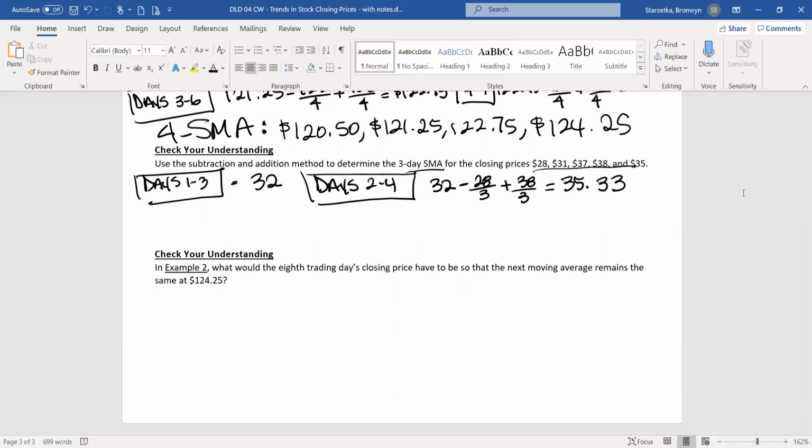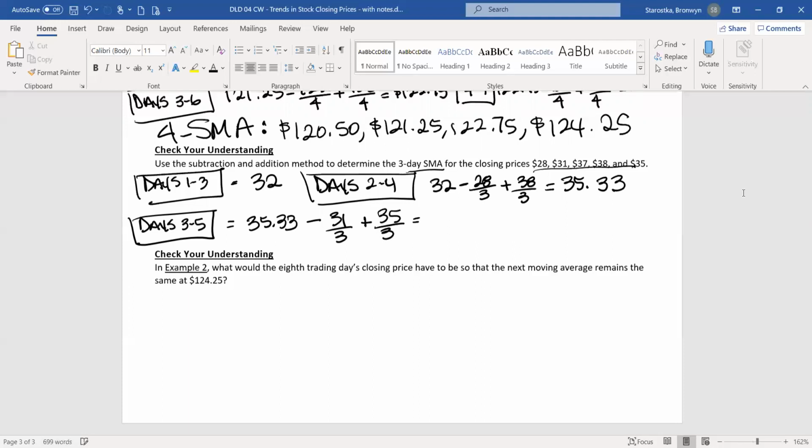For days 3 through 5, we'll take our previous day's average, which is 35.33. We want to subtract out day 2, so that's going to be 31 over 3. And we want to add in our final day, 35 over 3.